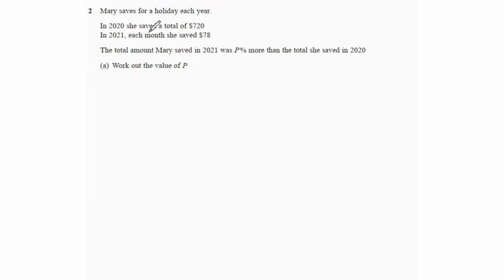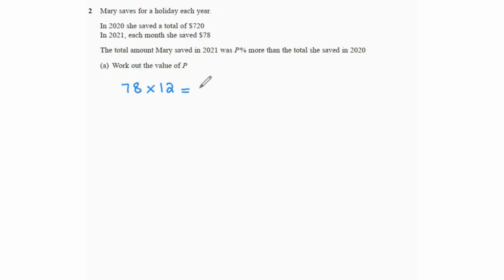So in 2020, she saved a total of $720. And the total amount Mary saved in 2021 was P% more than the total amount she saved in 2020. Each month she saved 78 in 2021. So 78 times 12, because each year has 12 months, equals P% more than the total she saved in 2020.